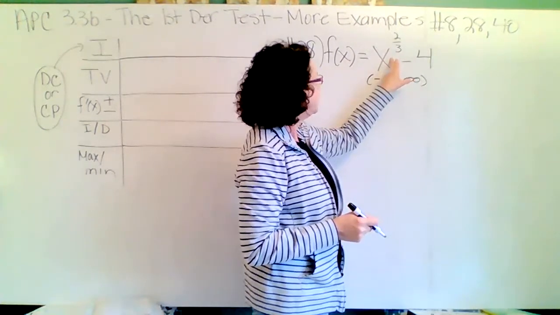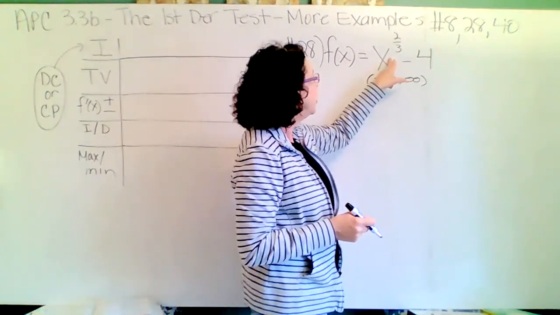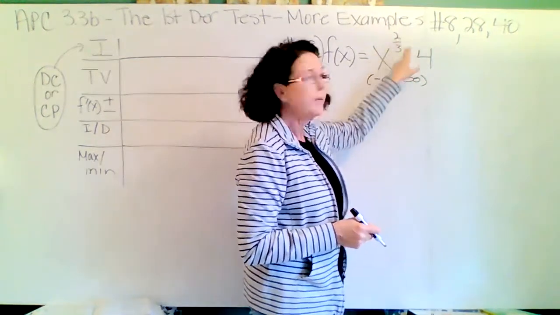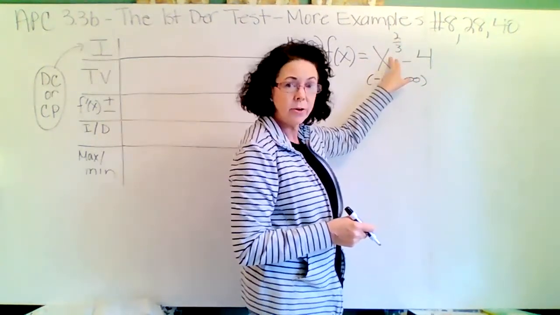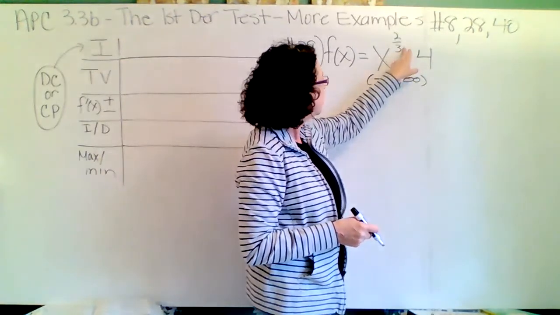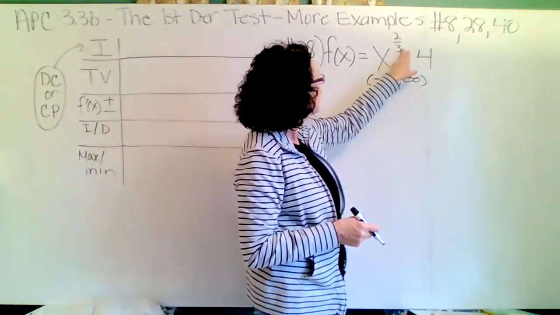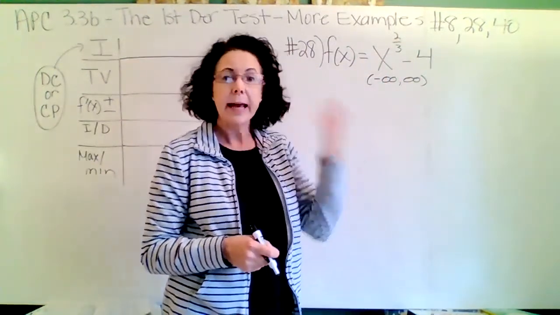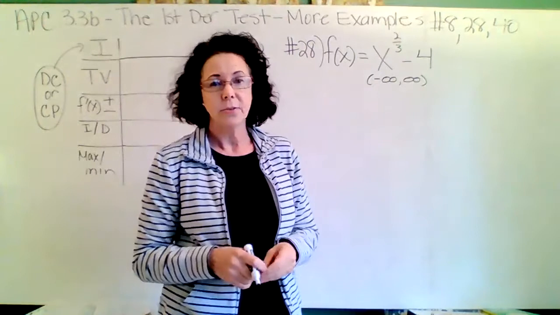If I pick x to be a positive value, then I can take the cube root of it and square it. If I have x as a negative value, I can take the cube root of a negative value and square it. And same with 0. So any x is fine. So all the x's are in the domain.